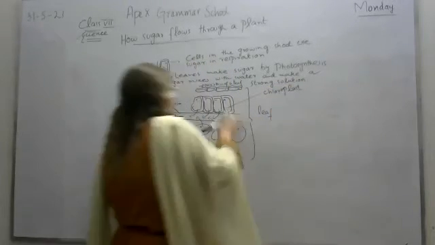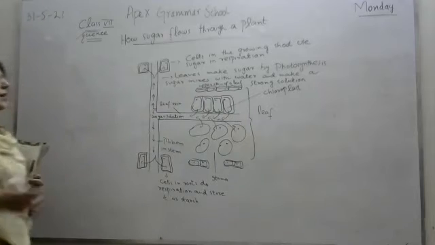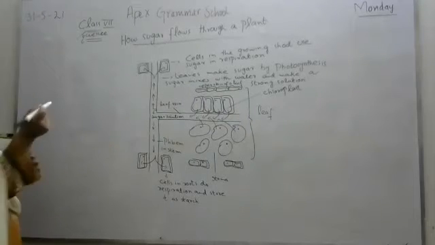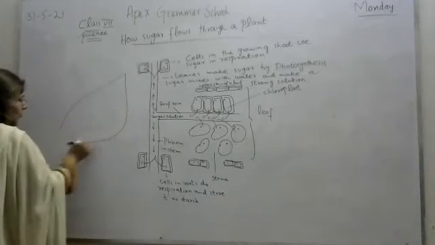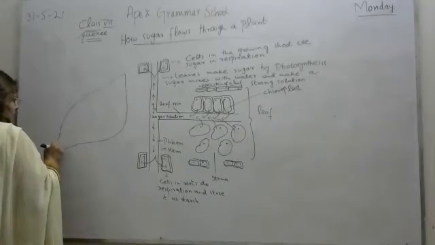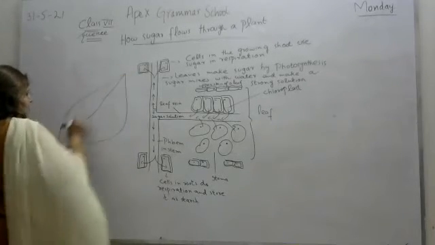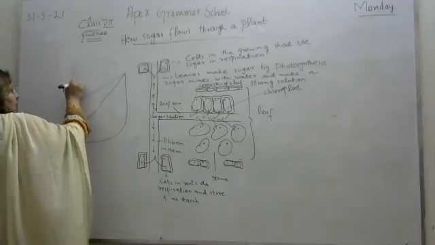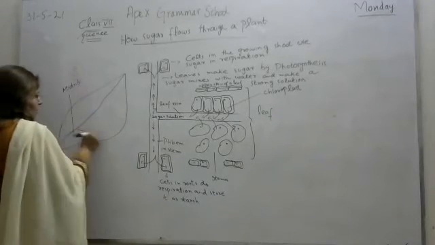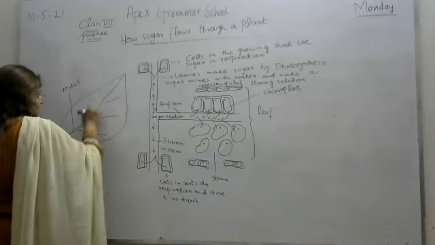The structure which I have made is the inner structure of a leaf. If we see the outer structure of a leaf, this is a matrix, and all these have thin lines.